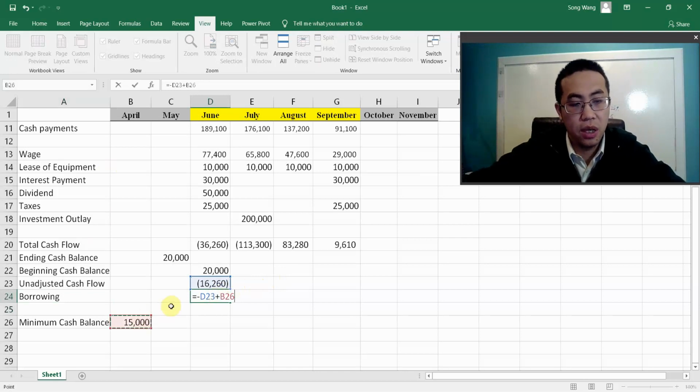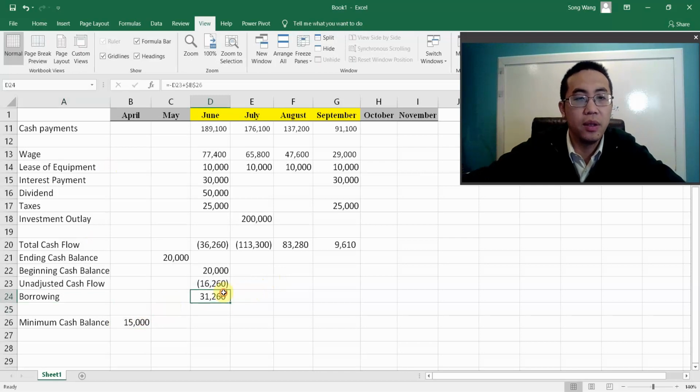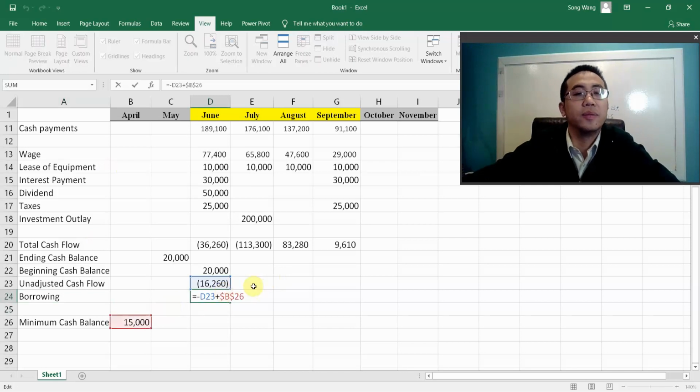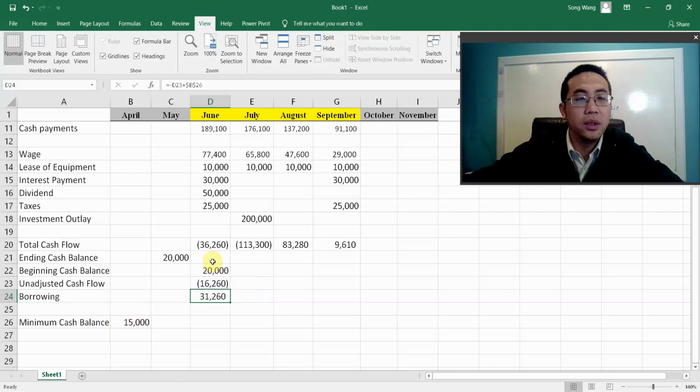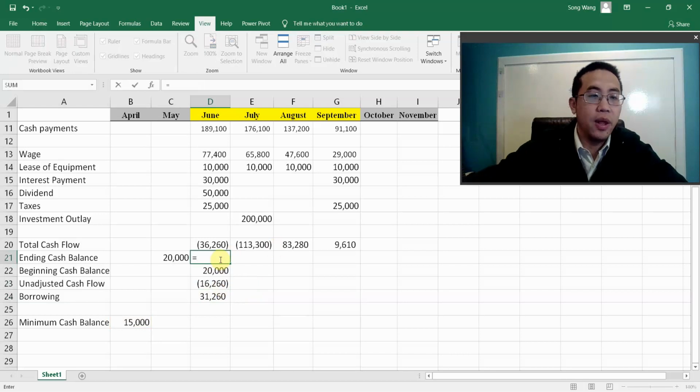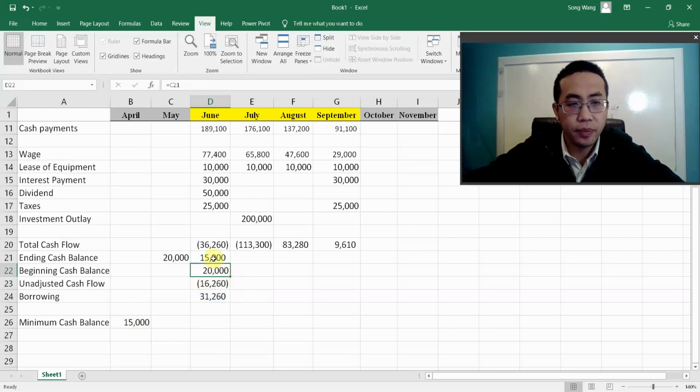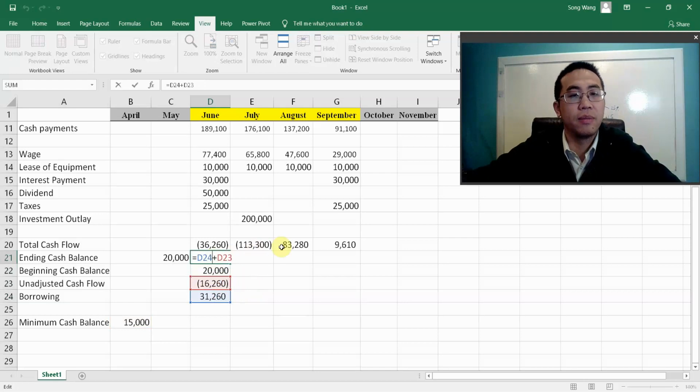Let me just lock it. So where does that lead you? If you look at your borrowing in that month and your unadjusted cash flow, you would end up with this ending cash balance. So I'm going to add these two. This will be my ending cash balance.